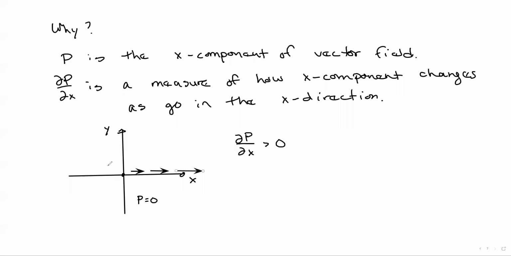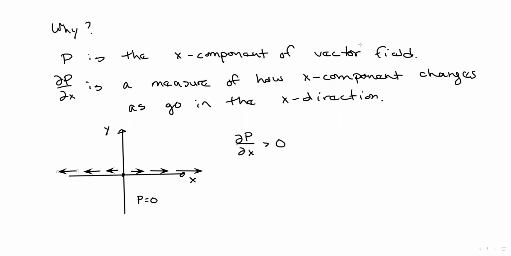So the idea being, if you're at the origin and you have the 0 value for your vector field, and the change in P with respect to x is positive, then as you move in the x direction, your x component from your vector field should get longer and longer and longer. And similarly, if you went in the negative direction, you'd see the same thing.